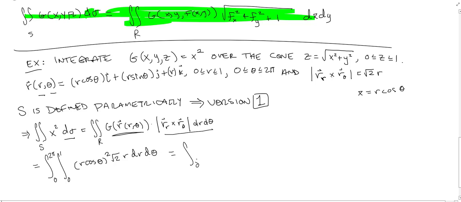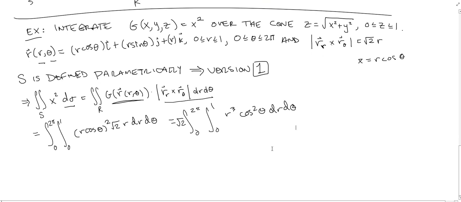So let's simplify a little bit and then just work through this evaluation. Okay, so this is going to be r cubed. Let's bring out that square root 2 to the front here, cosine squared theta, dr d theta. Okay, integrate real quick with respect to r, and square root 2 is still in the front, theta from 0 to 2 pi.